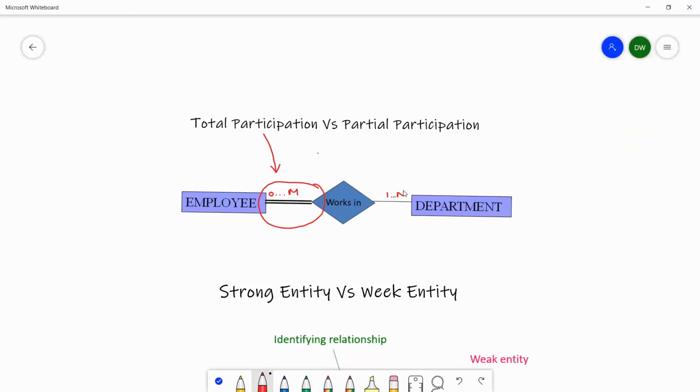Like that. So in this one, this is called total participation, and this side is called partial participation. In this example, I have taken M to N, so that relationship can be changed depending on the purpose, depending on the operations you are having in your system.